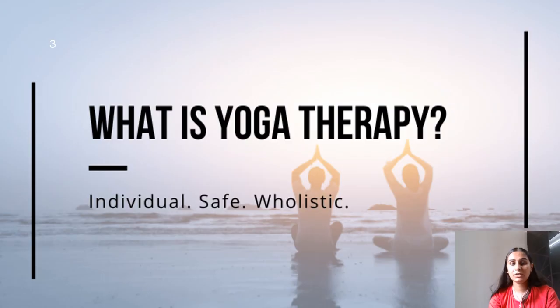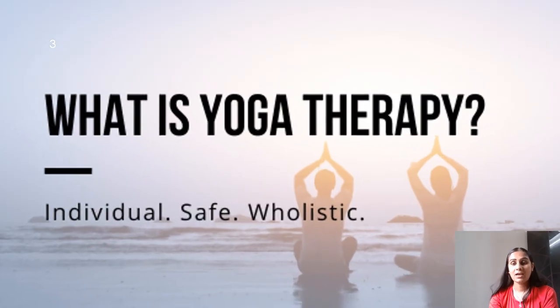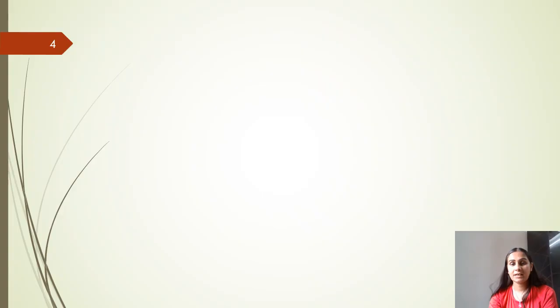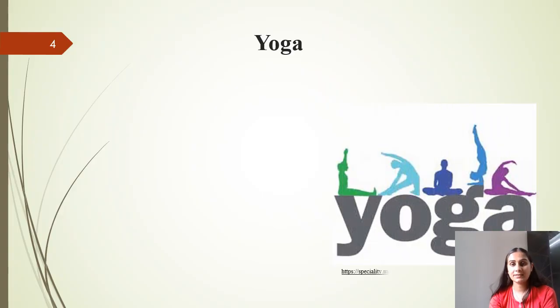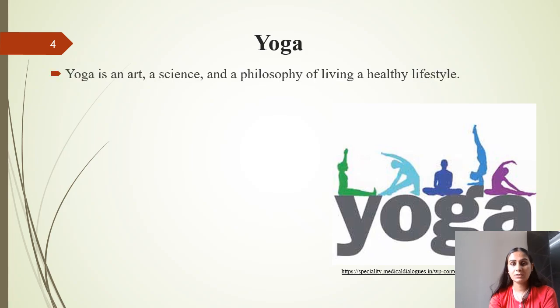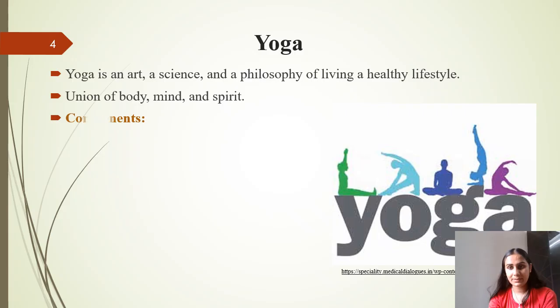Now we will move to the yoga therapy part. What is yoga? How can we do it? And what are the major components included in yoga? So let's start with the yoga part. Yoga is an art, a science, and a philosophy of living a healthy lifestyle. It's a union of body, mind, and spirit.